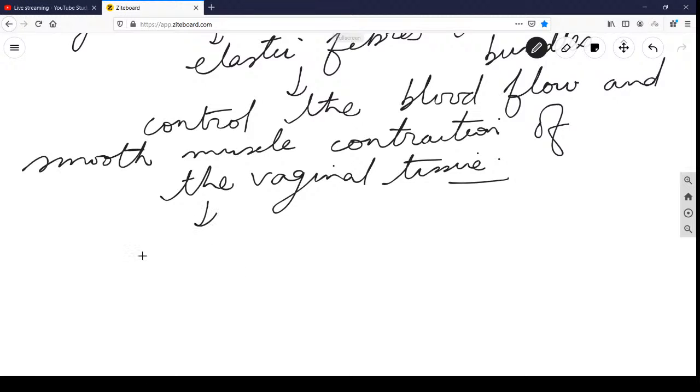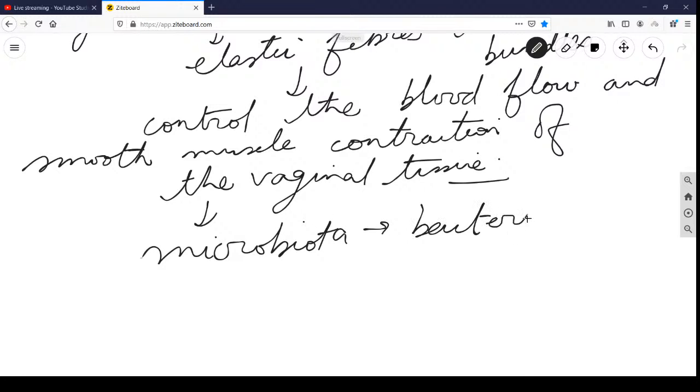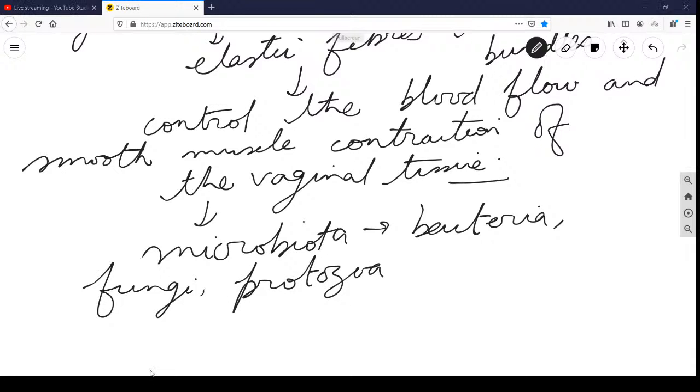So it has its own microbiota, just like the colon of the large intestine. There could be potentially deadly microorganisms present, but they do not cause problems unless they multiply rapidly.